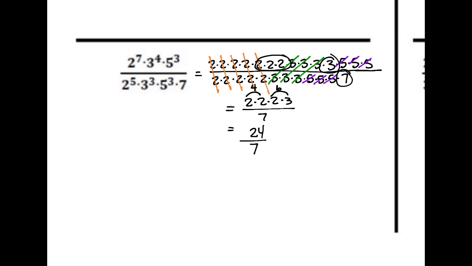Okay, the short way is, let's look at the 2s. On the top we have 7, and the bottom we have 5, just like it had here. So the 5 on the bottom are going to cancel 5 of these. These 5 2s cancel 5 of these and leave you with 2.